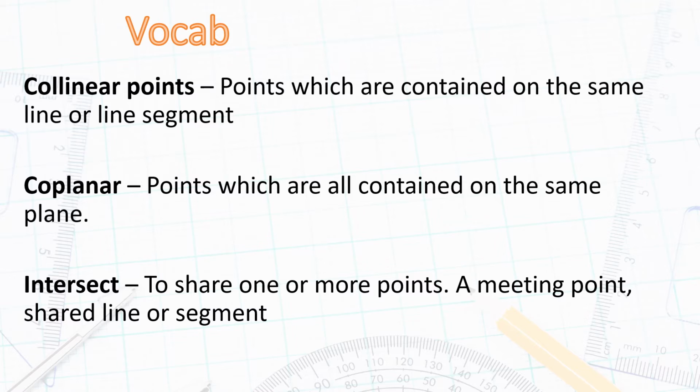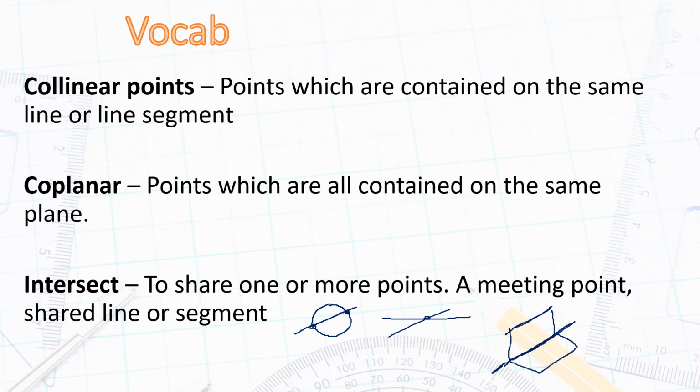Intersect means you can share one or more points. So for example, a circle intersected by a line segment would have 2 points of intersection. Two lines meeting would have 1 point of intersection, and then you can have a horizontal plane meeting a vertical plane, and then you've got this line of intersection.